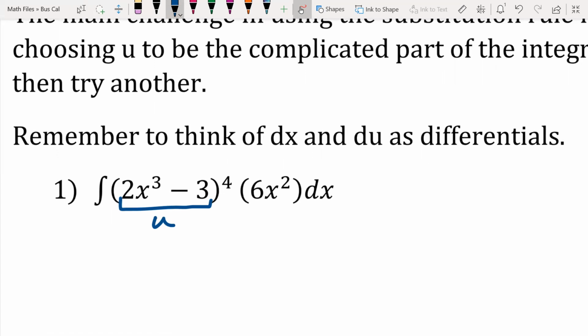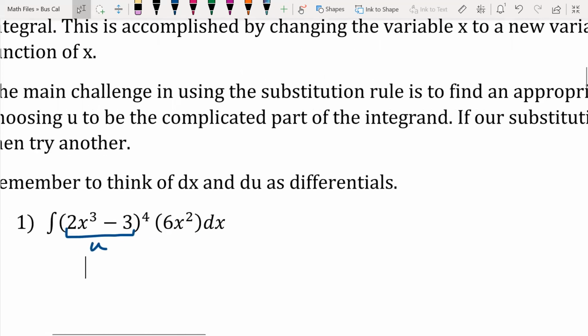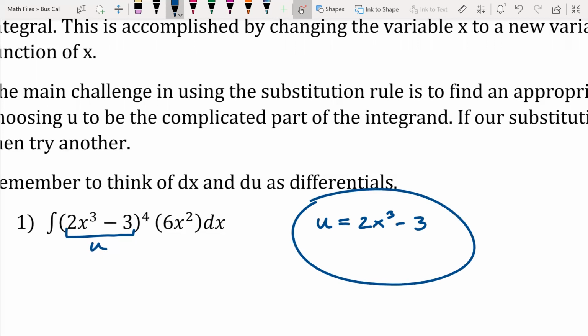So here, I'll do it to the right side. So match these all up. u equals 2x cubed minus 3. And now we actually have to use super proper derivative notation. So what we're going to do now is take the derivative of our substitution.